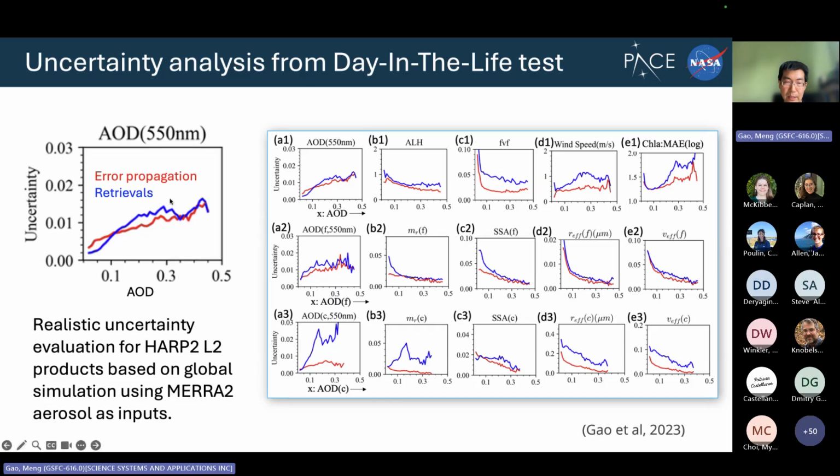And there is one highlight here for aerosol optical depth. You can see the retrieval uncertainty agrees well with the theoretical uncertainty. We have also looked at many other variables, and basically that's true for most of the variables, but it becomes challenging for coarse mode aerosols. We see our retrieval performance is larger than the theoretical uncertainty based on error propagation. So that means we should be careful about coarse mode at least.